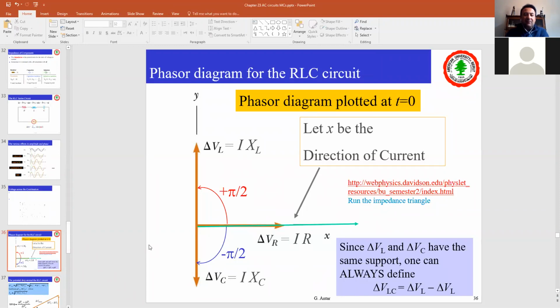Now let's see what happens to the potential differences. The resistance does not add any phase. So delta VR, which is equal to R times I, is set at max.